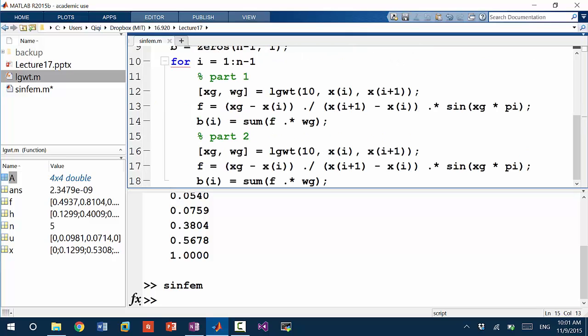Part 2. That's when the basis function goes from 1 back to 0. And then our quadrature interval is xi+1 to xi+2. Right?